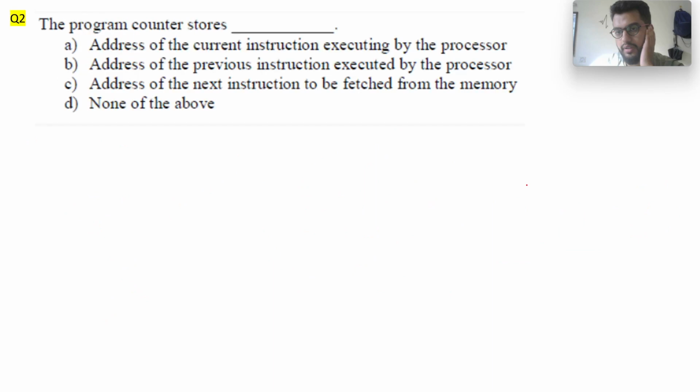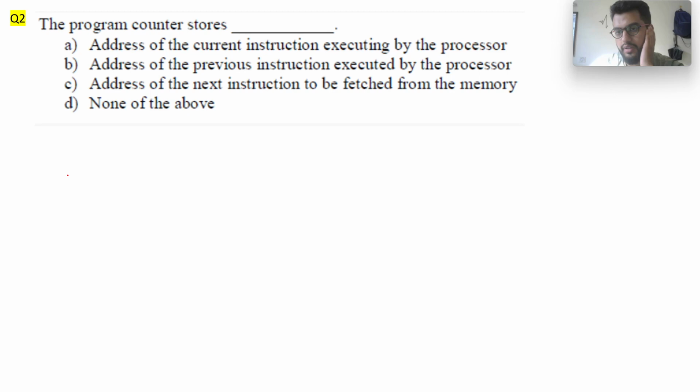Now the next question, I would like you to tell me the answer to this. The program counter stores: option A, the address of the current instruction executing by the processor; option B, the address of the previous instruction executed by the processor; option C, the address of the next instruction to be fetched from the memory; option D, none of the above. So what do you think is the correct answer? I already gave this brief overview in my starting slide.